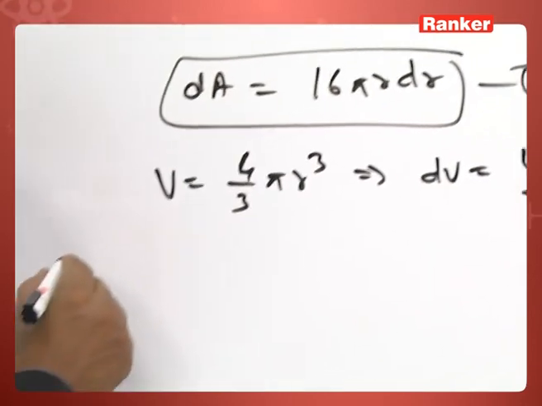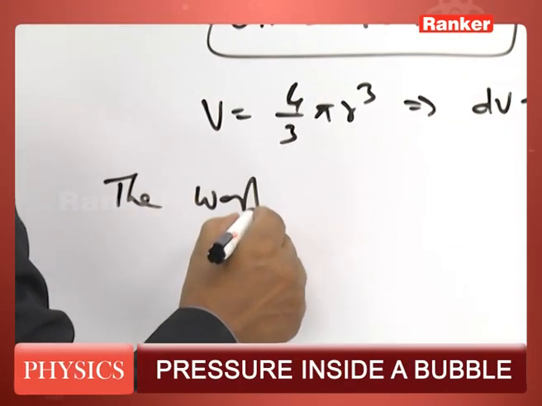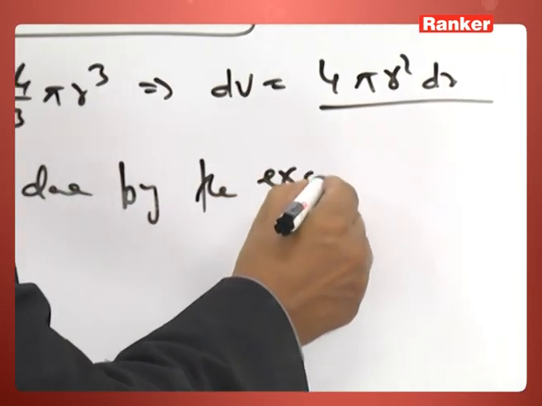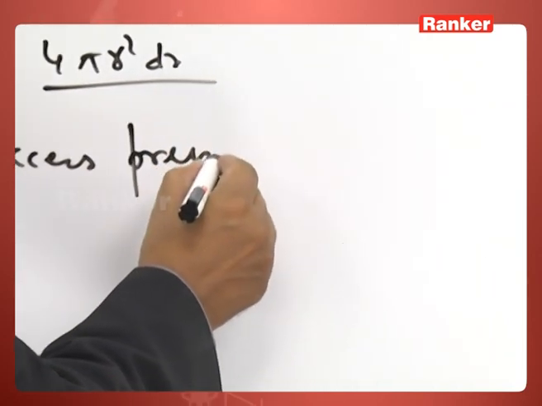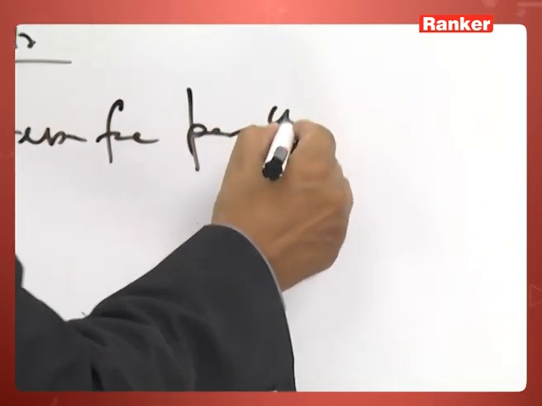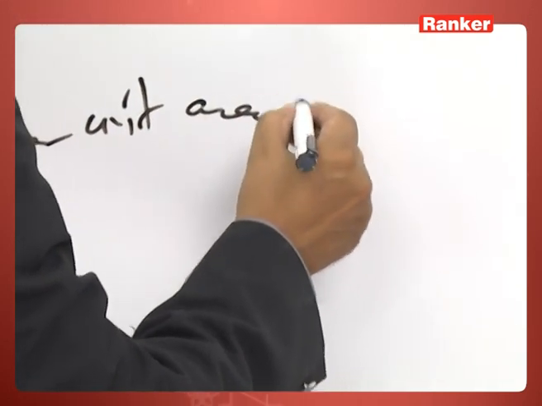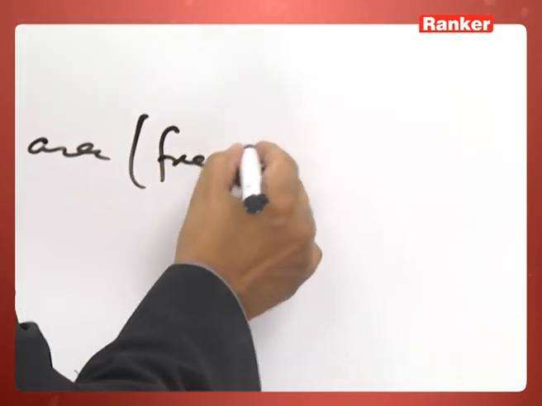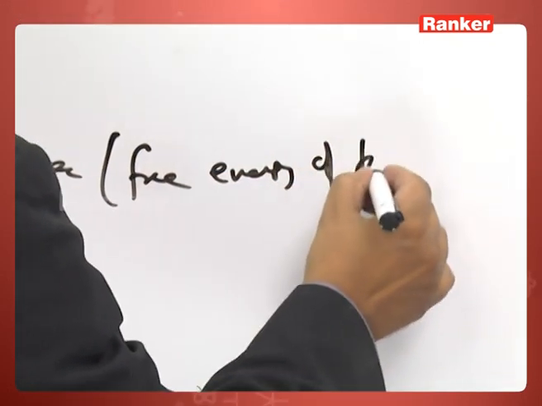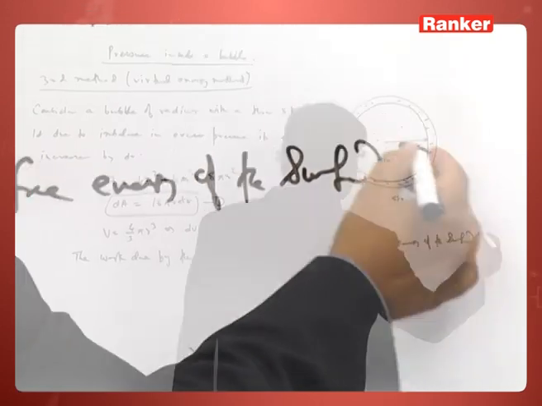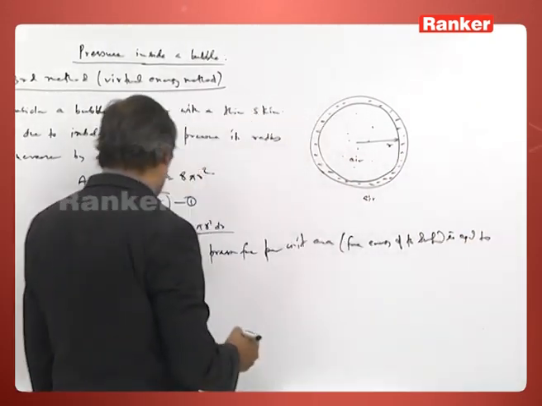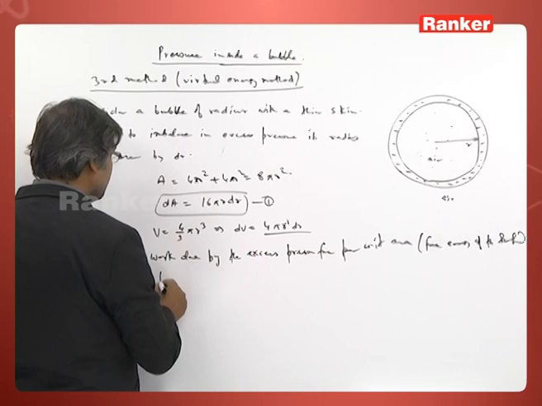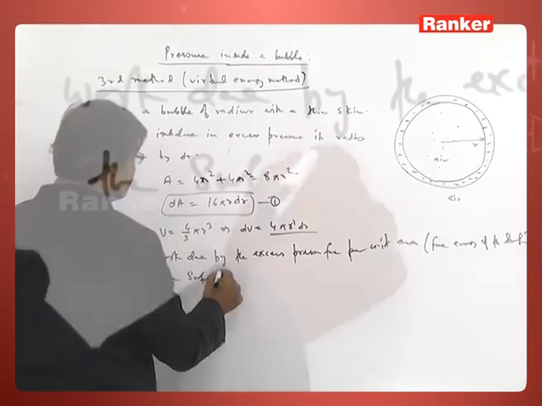Now, the work done by the excess pressure force per unit area, which is basically the free energy of the surface, that is the work done per unit area, is equal to the surface tension.